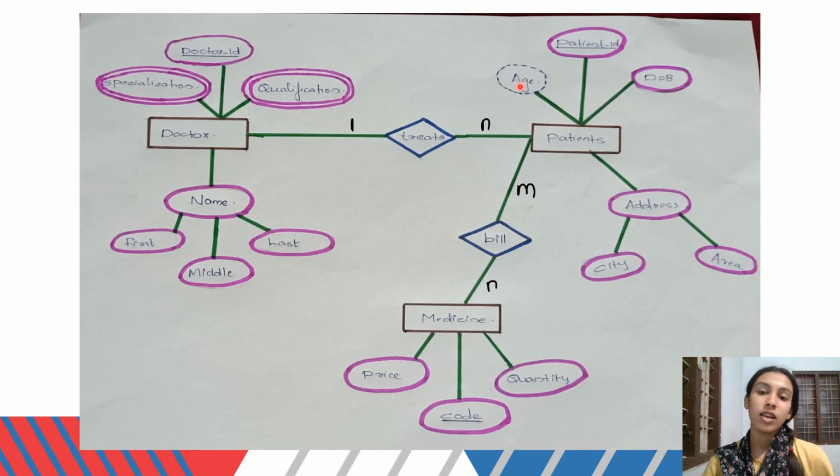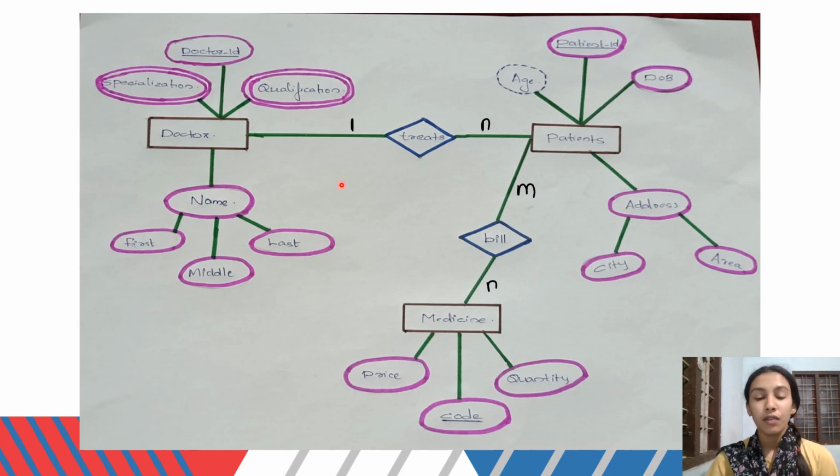A derived attribute is something that is derived from another attribute present. So age can be derived from date of birth, we know that. And address is also a composite attribute, and that can be split into city and area. And the medicine entity has price, code, and quantity. Here code is also a key attribute. So all the entities present here are strong entities because all of them have key attributes.